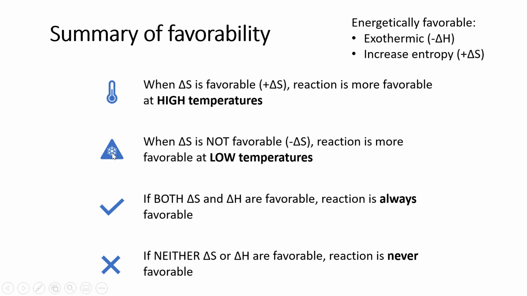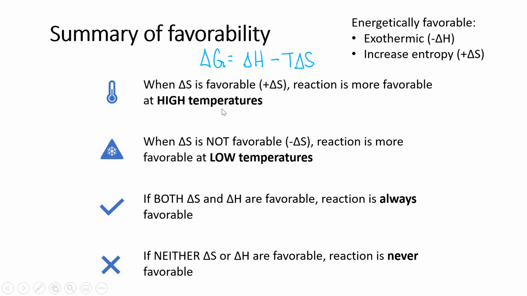So, a summary of favorability: let's think about the entropy variable in this equation. Let me rewrite it here. Delta G equals delta H minus T delta S. When your delta S is favorable, so if you have a positive change in entropy, the reaction is going to be more favorable at high temperatures.